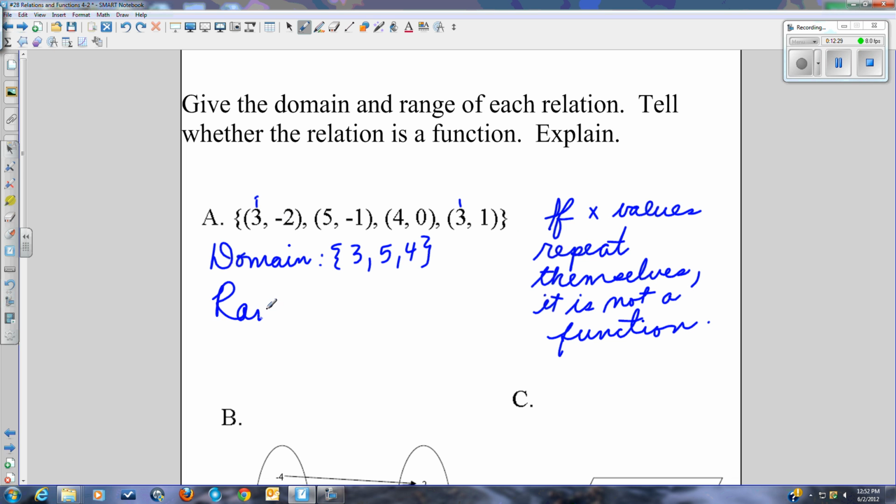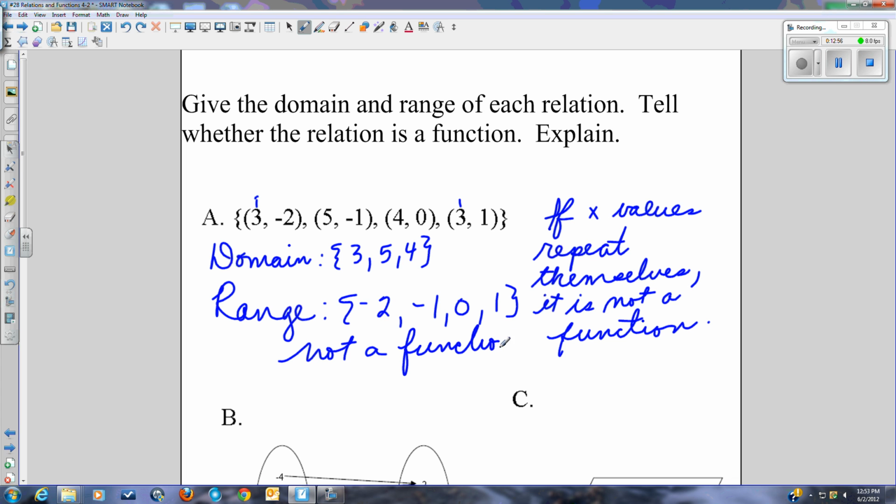The range, those are the y values, is -2, -1, 0, and 1. Now, because those x's repeated themselves, see how we had a 3 in the first ordered pair and a 3 in a second ordered pair, we are going to say this is not a function because the x values repeated themselves.